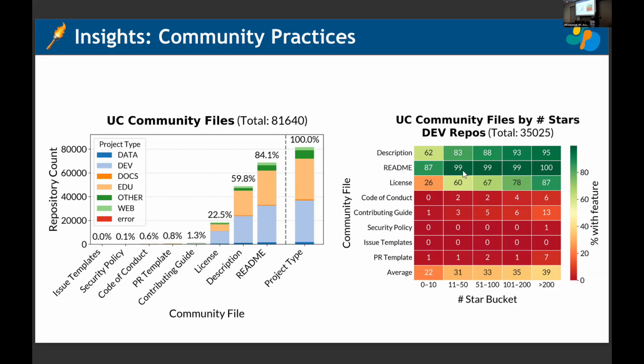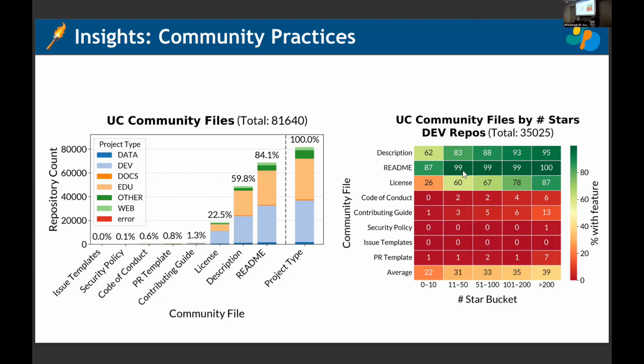When we look at descriptions or licenses or contributing guides, we start getting more concerned about what people are doing. So I actually did an analysis in terms of the number of stars because, yeah, some of these projects are class projects. They don't need to have any of these things. They're just meant to be out there, right? For homeworks that my professor asked me to do.